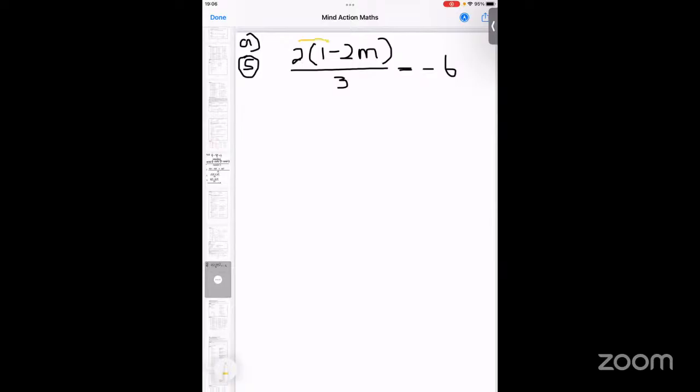Brackets mean multiply. So whatever is outside, you multiply all that is inside. That's how you remove the brackets, which means we have 2 times 1, which is 2, minus 2 times 2m, which is 4m, over 3, which is equal to -6.